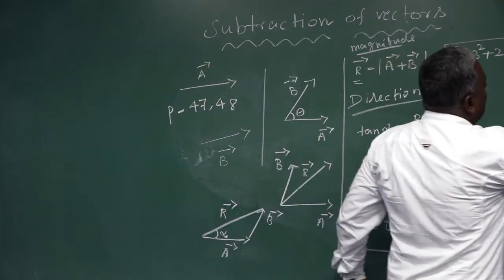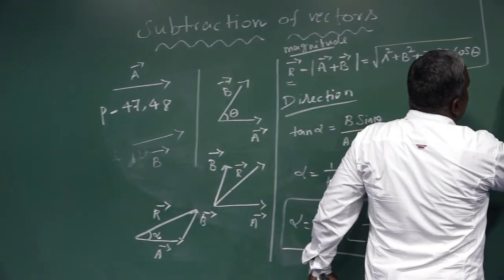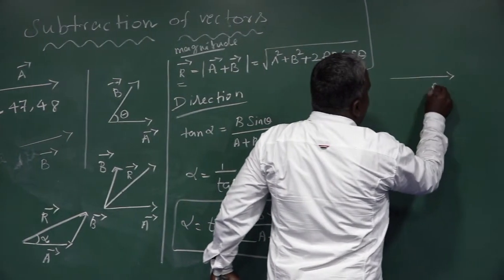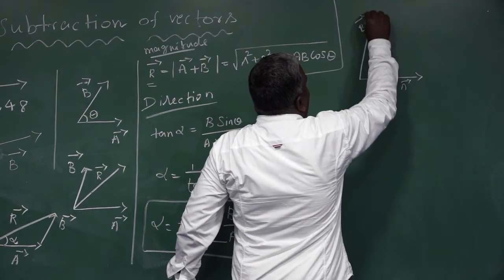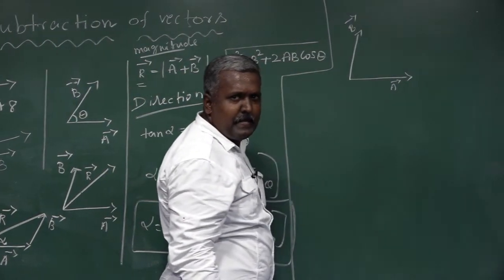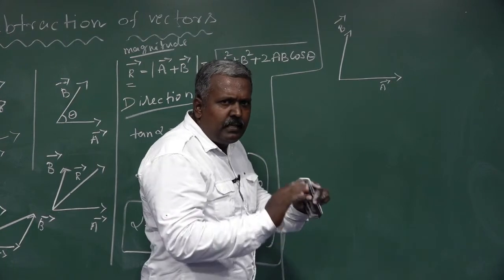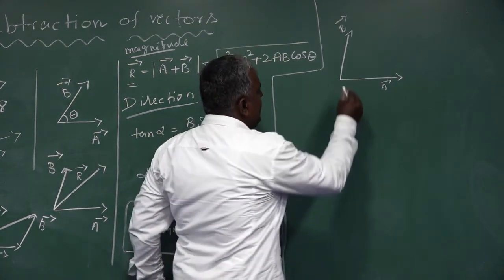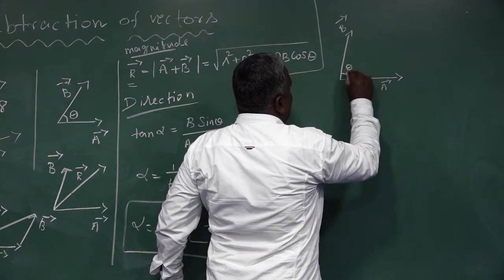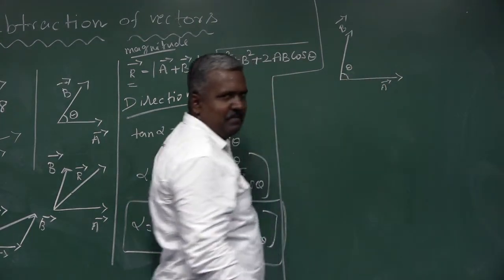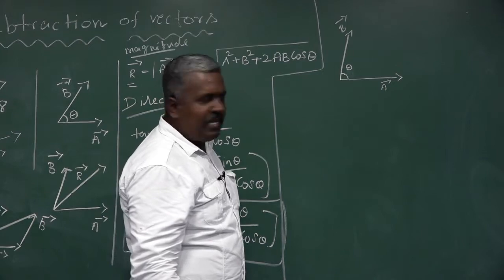Here consider two vectors, A vector and B vector, inclined at an angle theta. This is theta, the angle between two vectors.